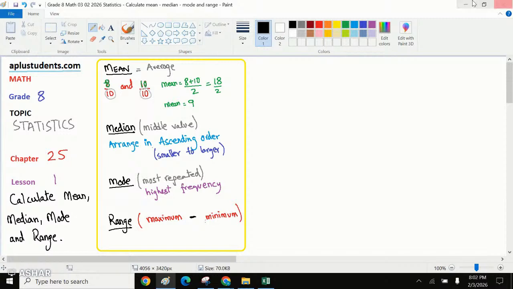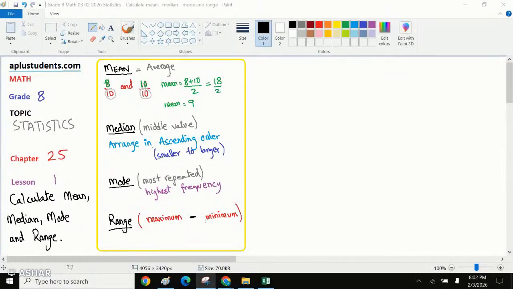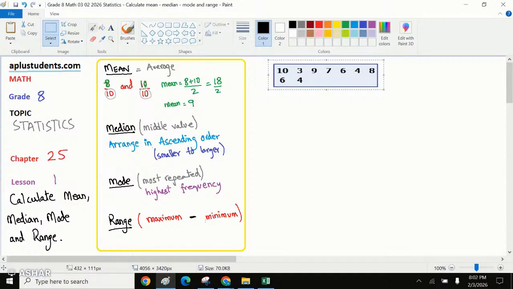Okay. Let's look at an example. Let's look at a question, and then we will try to find all the values. For this question, let's suppose these values are given to us, and we would try to find all four possibilities. Let's suppose in question number 1, part A, we find the mean.